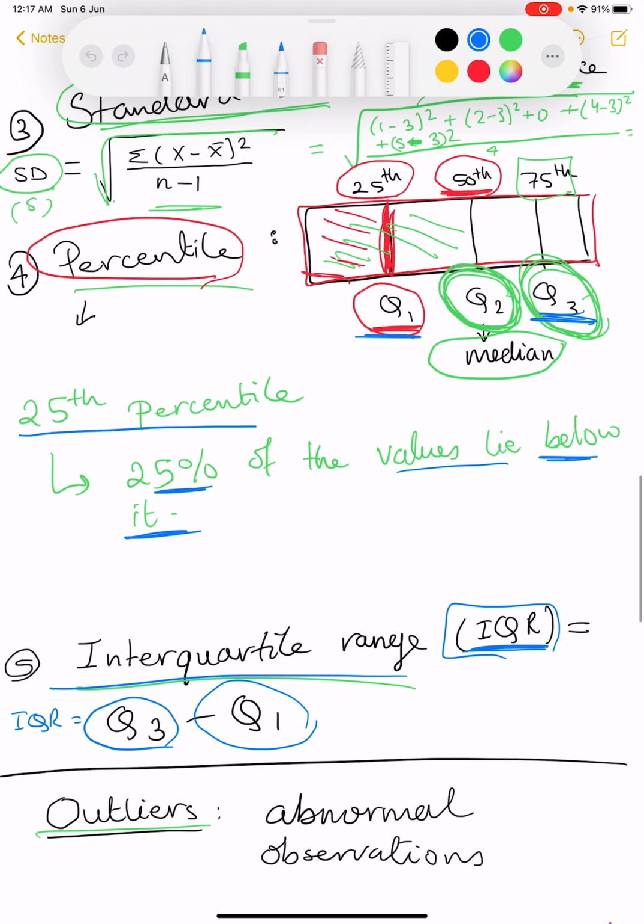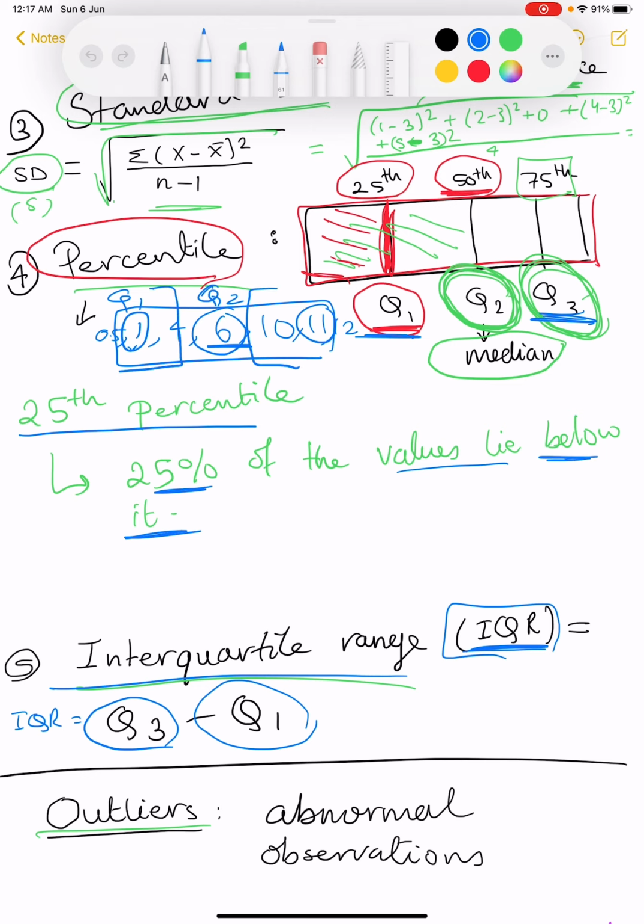So for example, if we have 0.5, 1, 4, 6, 10, 11, and 12, how do you calculate it?